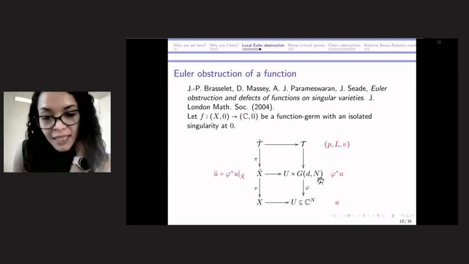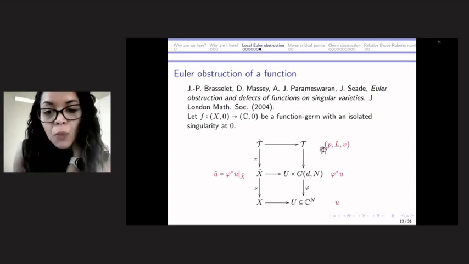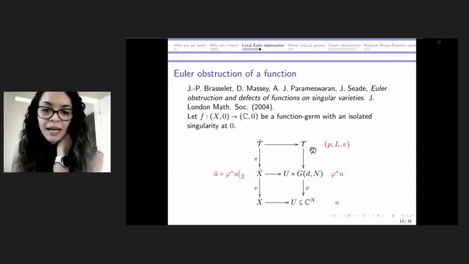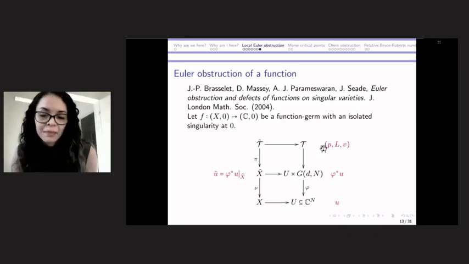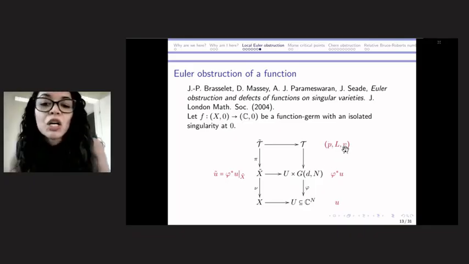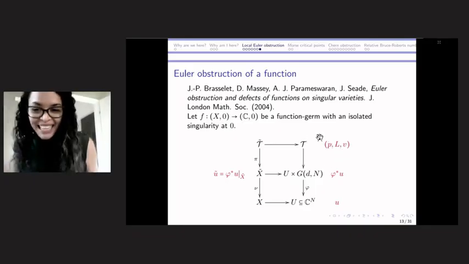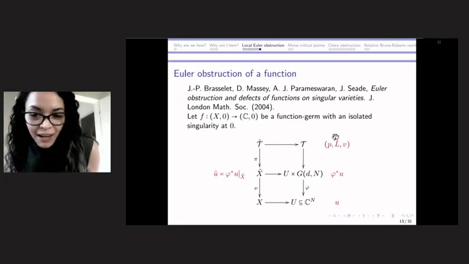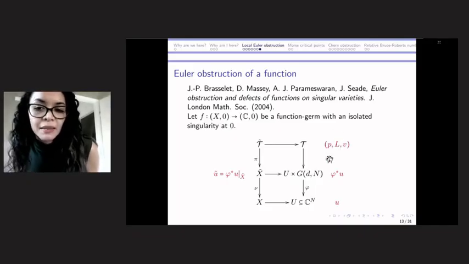So let's understand the following. What would be an element in this extension of the tautological bundle? The tautological bundle at the beginning is just: we take a d-plane, an element in the Grassmannian, and a vector in that d-plane.